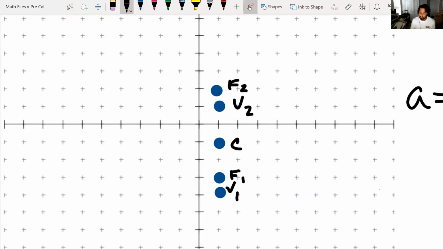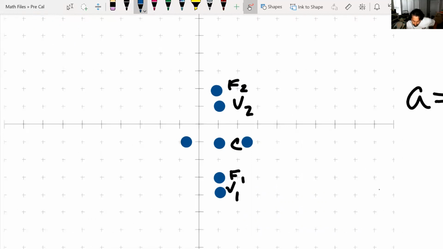And then to the right, 1.33, and to the left, 1.33. Okay, fundamental rectangle.